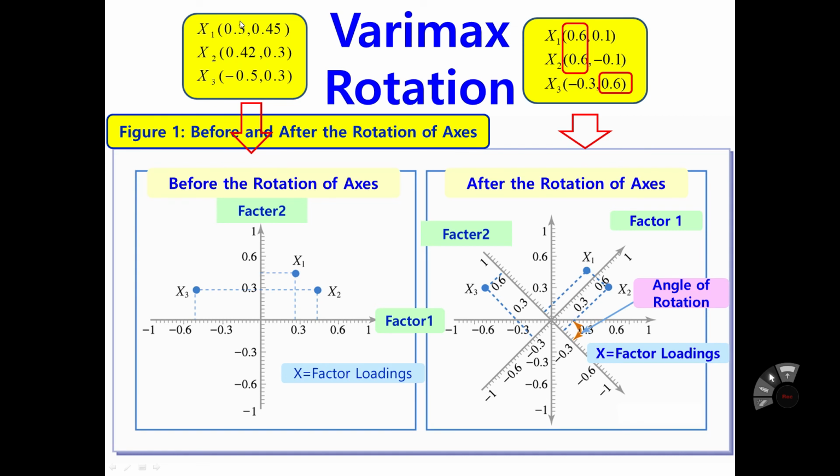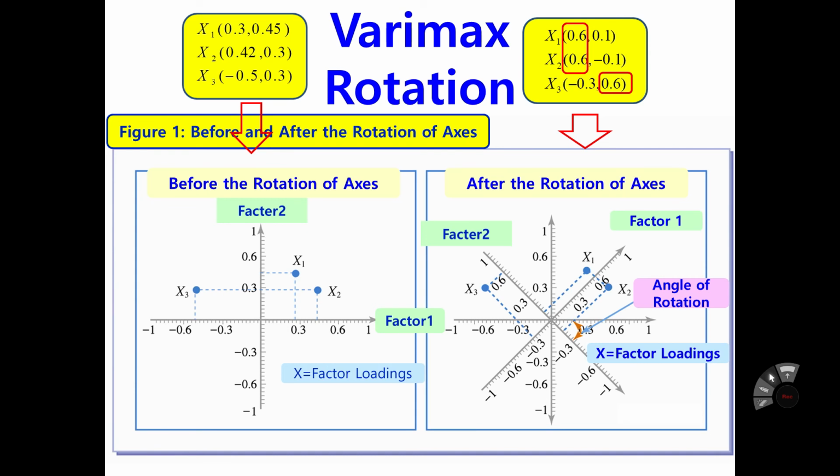It's in the middle, between 0.2 and 0.4. Most of all values are located between 0.2 and 0.5. It's very middle. So we cannot clarify which variable belongs to which factor.